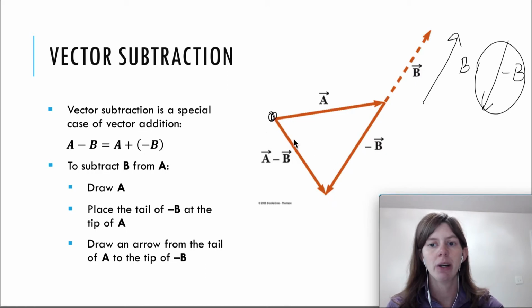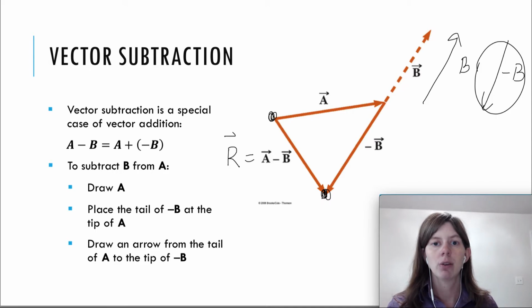We started here, and we ended up here, and that's what vector A minus B is showing. We can call this the resultant as well. So vector subtraction is just like vector addition. Just make sure to redraw the vector first in the opposite direction.